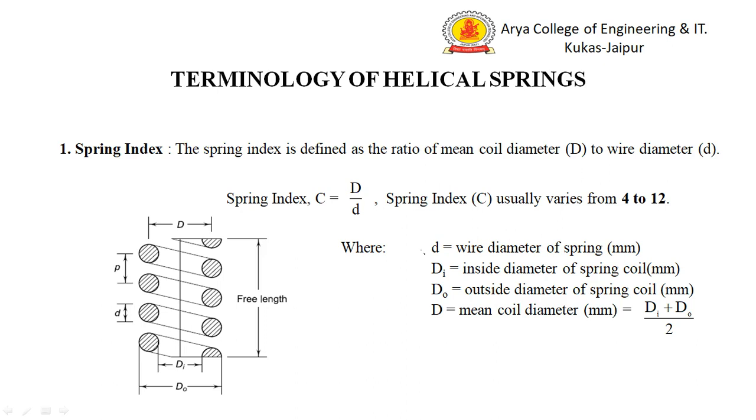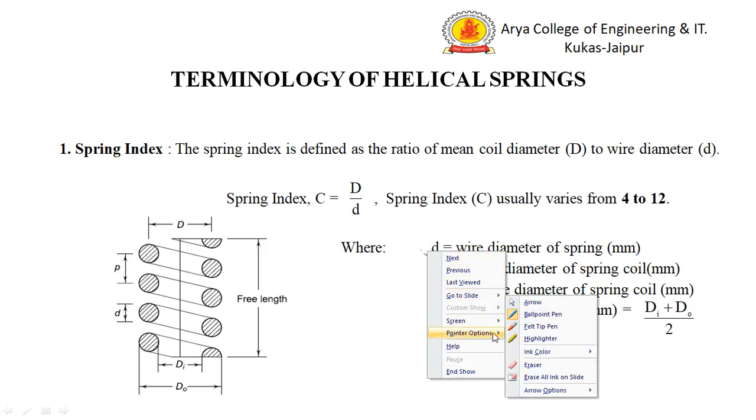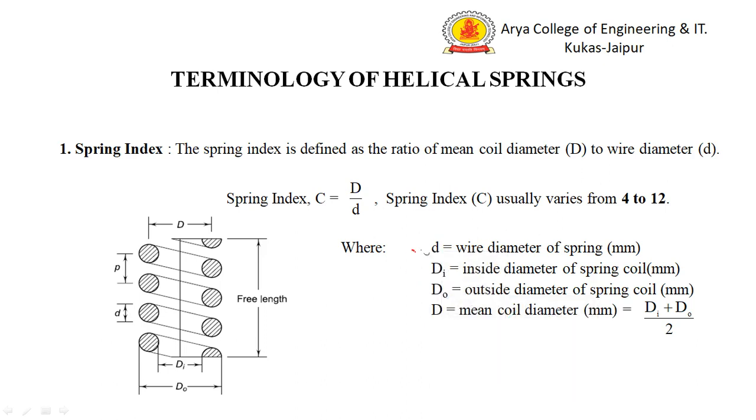Here the small d is the wire diameter of the spring, di is the inside diameter of the spring coil, do is the outside diameter of the spring coil, and D is the mean diameter of the spring, which is equal to di plus do divided by 2.